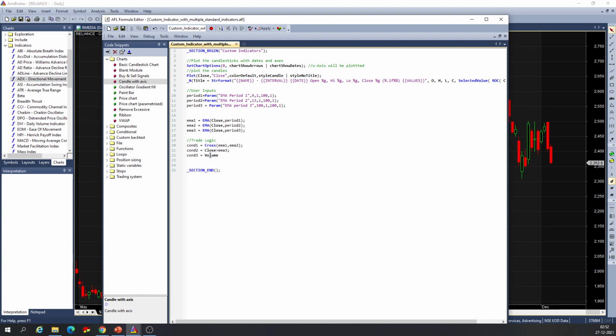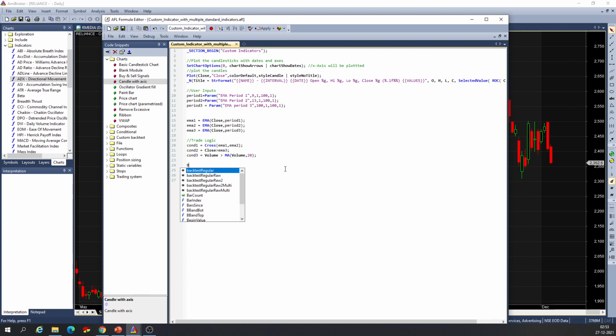It's the same thing. So volume is greater than moving average. MA is short for moving average. We compare the current candle volume with the 20 period moving average of the volume array. So for the array we give Volume, and for the period we require 20. This is condition number 3.